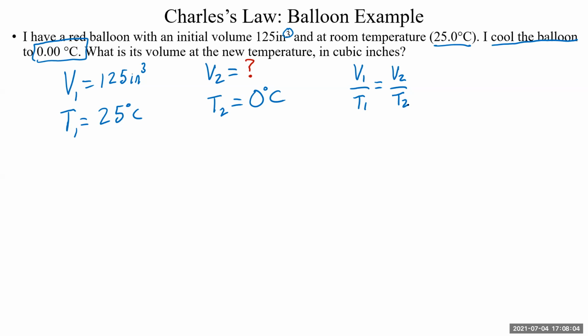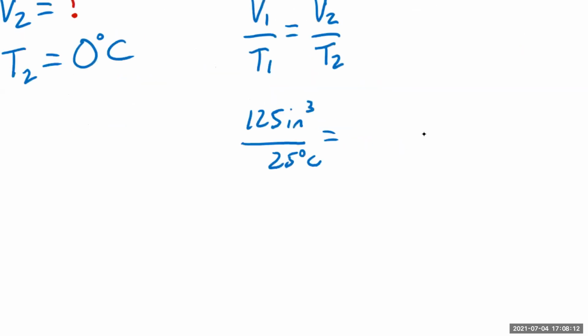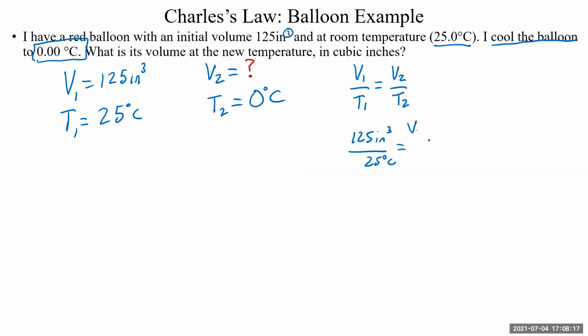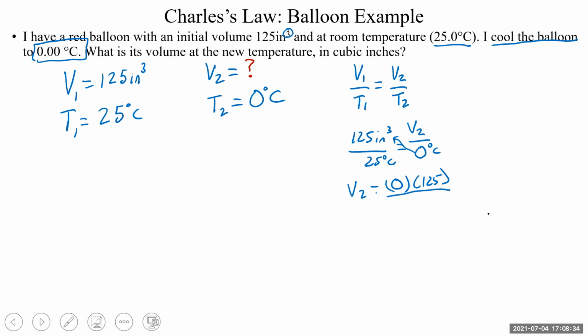If I plug in my values, I get 125 cubic inches over 25, equals V2, which is unknown, divided by our T2, which is 0. V2 divided by 0, that's a problem. Oh, wait, that's okay. I'm just going to multiply it out. So V2 equals 0 times 125. See, I'm not dividing by 0 after all.